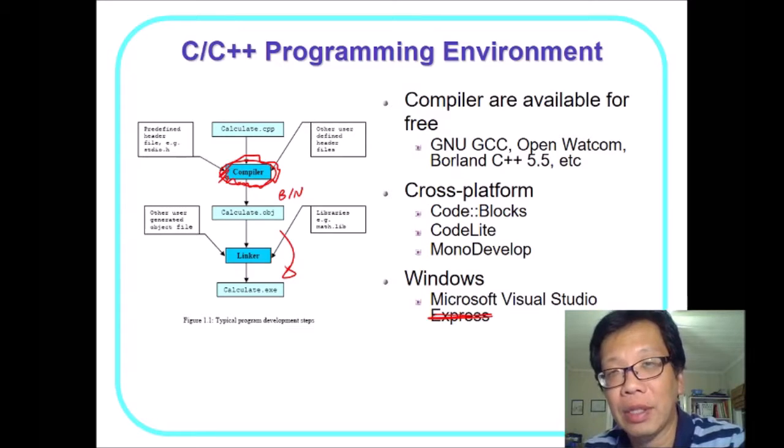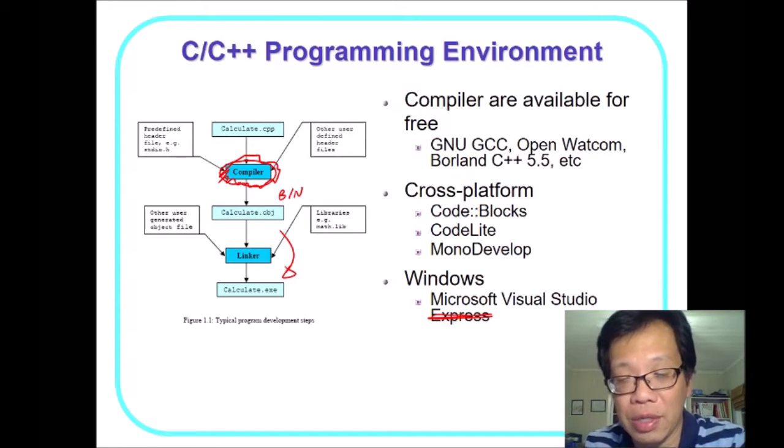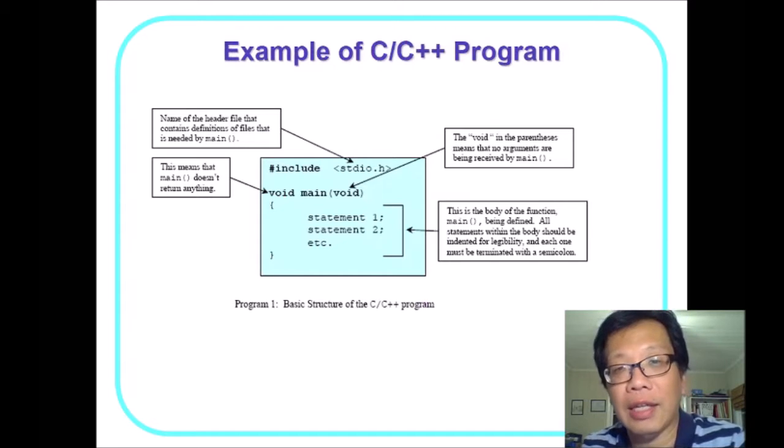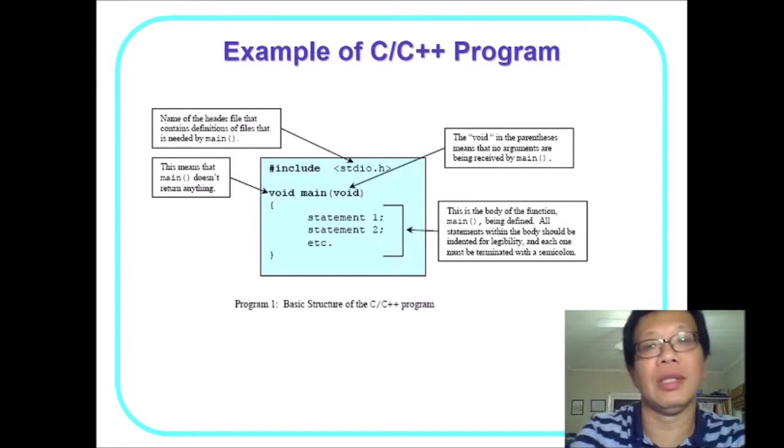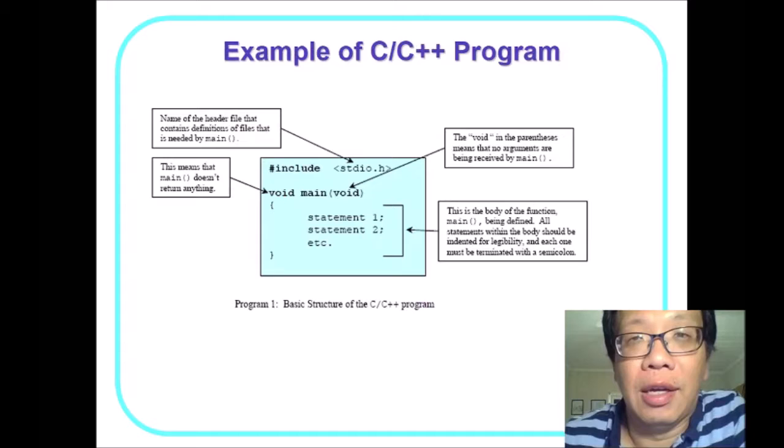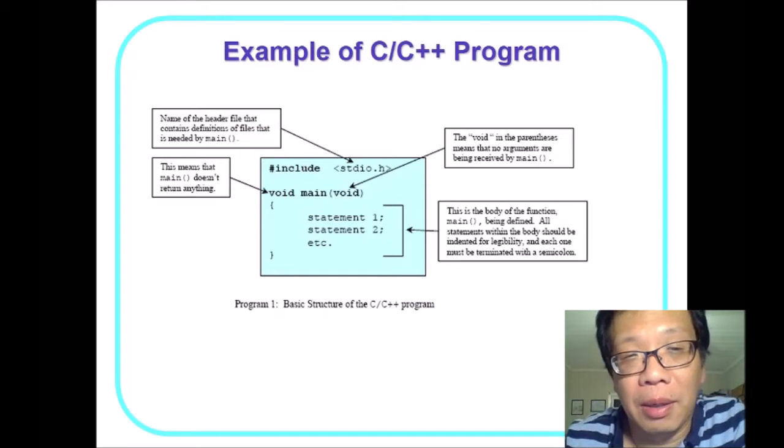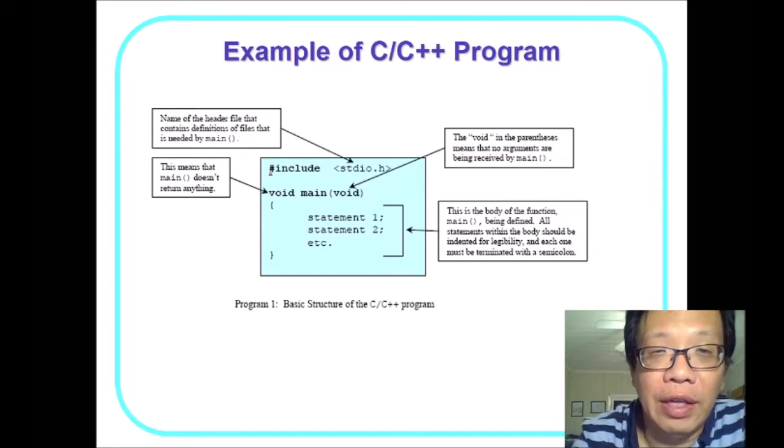If you happen to use a command line compiler, you need two procedures to make everything executable in your system. The basic structure of a C program is similar for every kind of platform. So you need to have include.